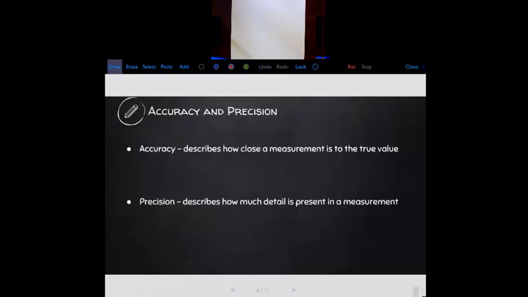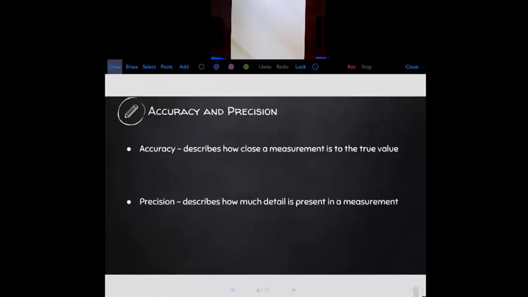The next and probably most important concept that we're going to talk about in here is accuracy and precision. Accuracy describes how close a measurement is to the true value. It's like finding the absolute change or the absolute error of something. We want to figure out how close you were to the true value. We want to subtract those differences again.